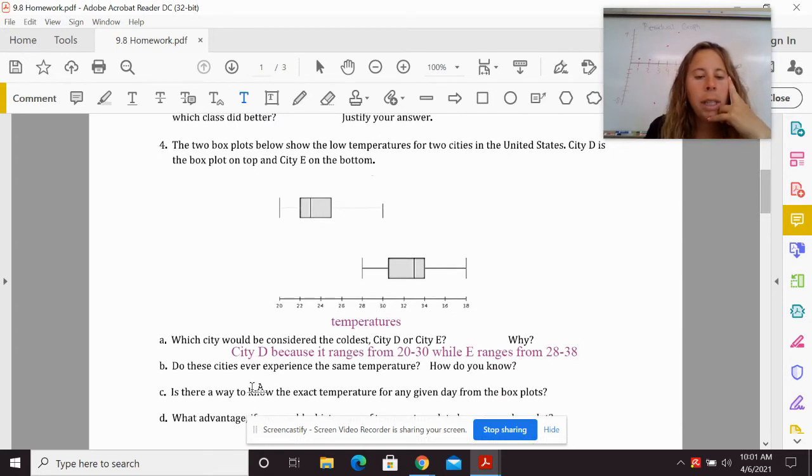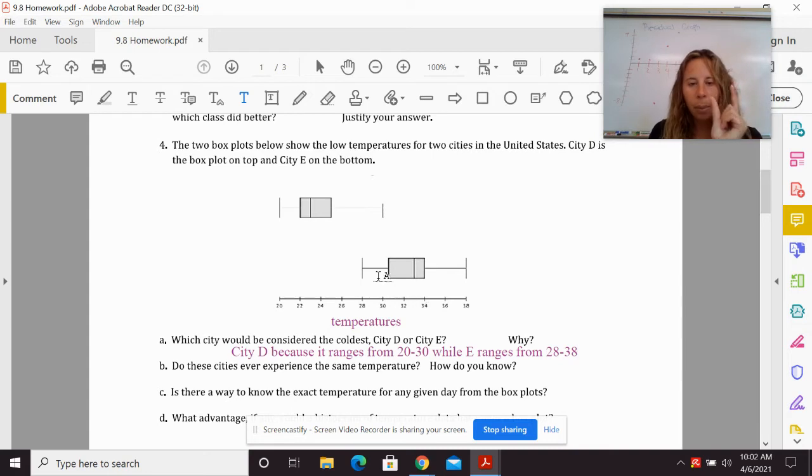Do these cities ever experience the same temperature? How do you know? Is there any overlap between their temperatures? Yes. We just said this one has a range from 20 to 30, and this one has a range from 28 to 38.